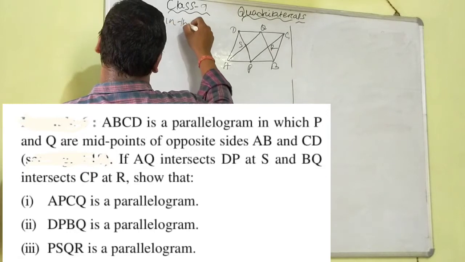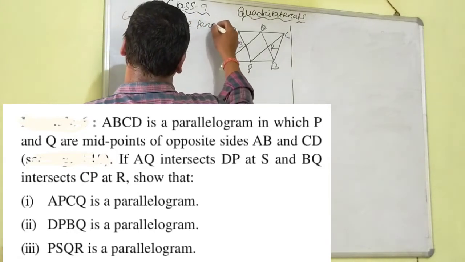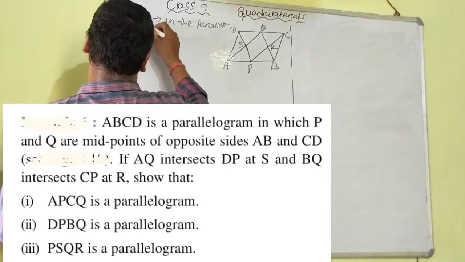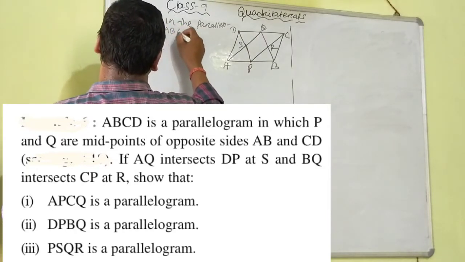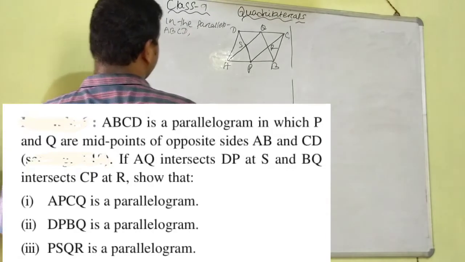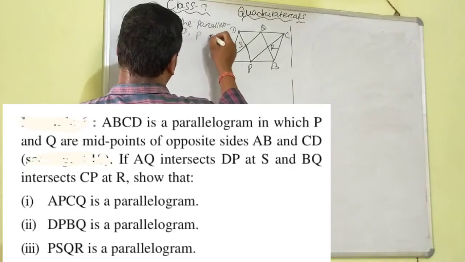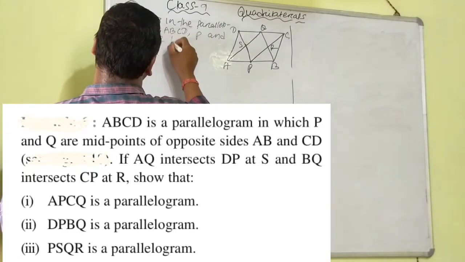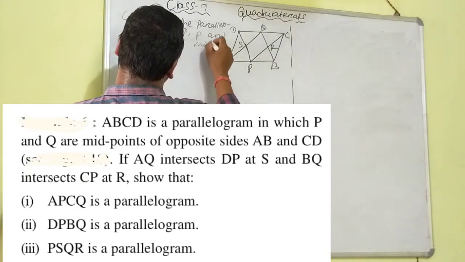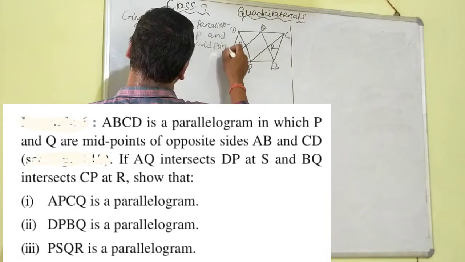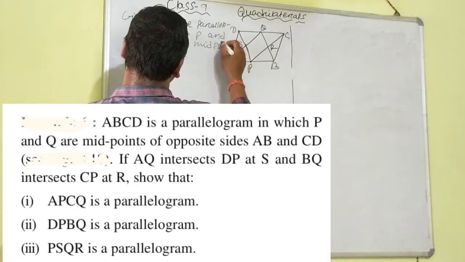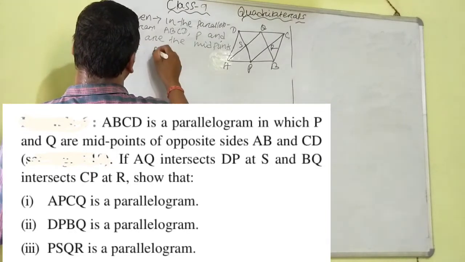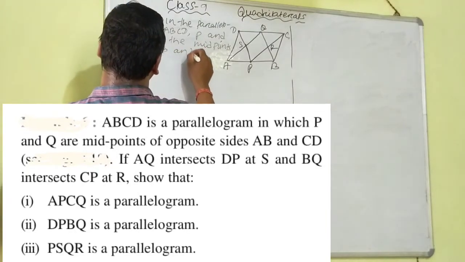Now we'll write down what is given. In the parallelogram ABCD, P and Q are the midpoints of AB and CD.